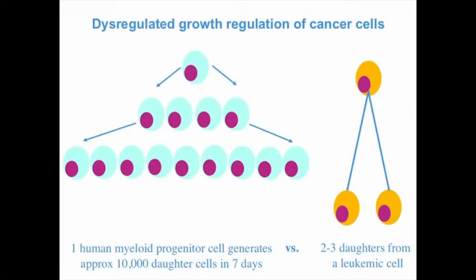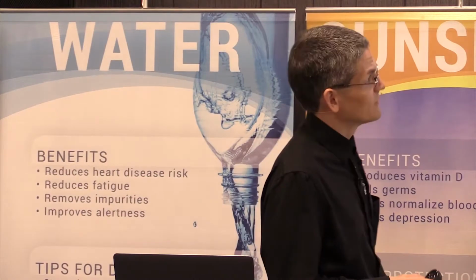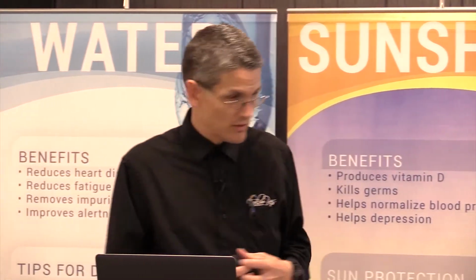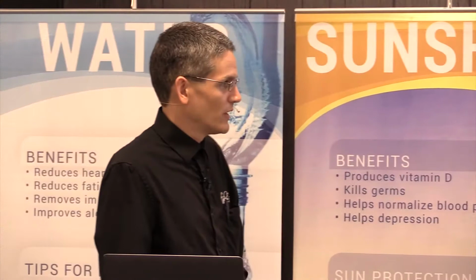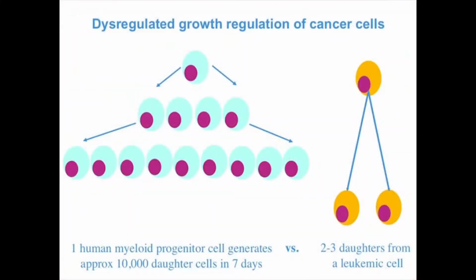Now, many of us get the idea that cancer grows very quickly. But in certain cancer cell lines, we find that cancer actually doesn't grow that quickly. If you compare the cells that form blood cells, and the precursors that form blood cells, you have one human myeloid progenitor cell.